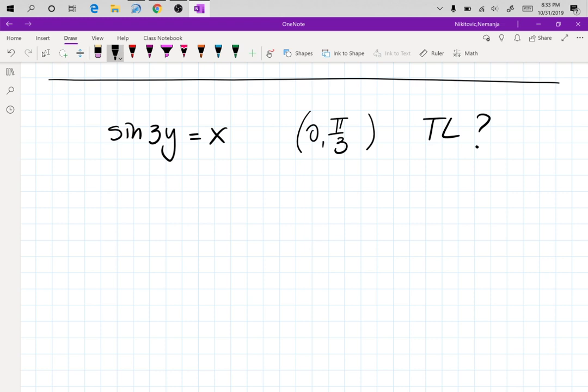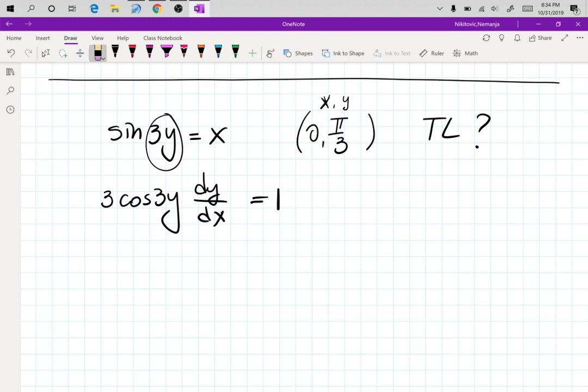So, the derivative of sine of 3y is 3 cosine 3y dy dx equals 1. Why does the 3 come out front? The derivative of chain rule from the 3y. Right?